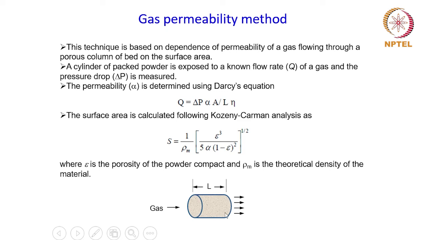is first made, and this is then exposed to a known flow rate of a gas, and the pressure drop across it is measured.